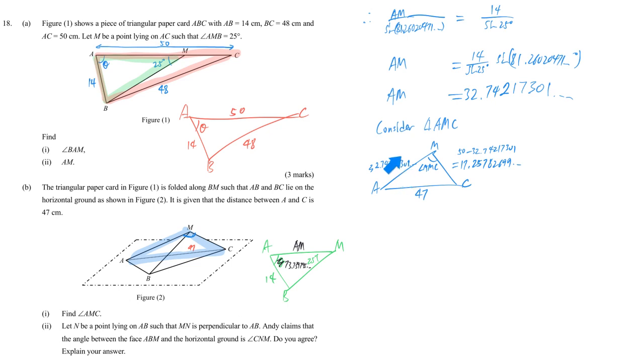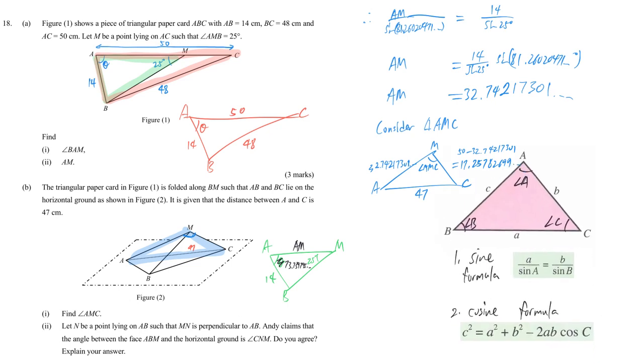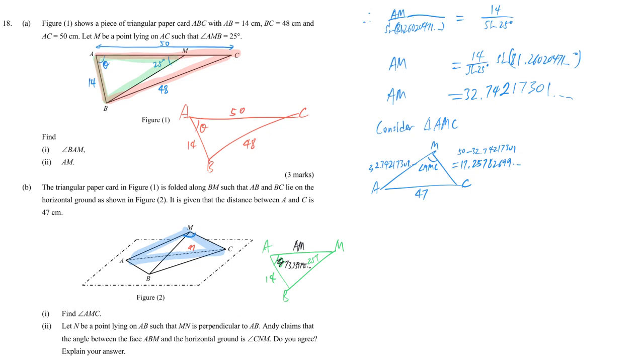For a similar reason, we have three sides together with one angle. We are going to use the cosine formula here. We write down something squared is equal to something squared plus something squared minus 2 times something times something times cosine something. And cosine of that angle is angle AMC, our final target.